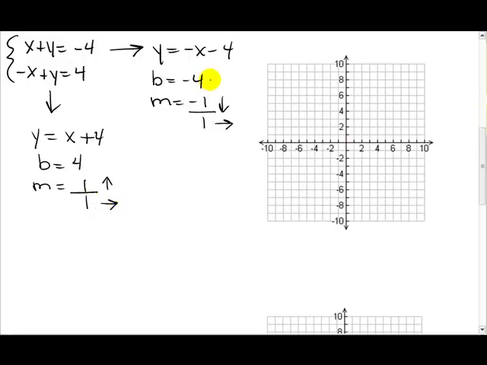So we'll start here with negative 4 and down and to the right, to the right, to the right. Here, and then this one we're starting at a positive 4 and it's up and to the right, up and to the right, up and to the right.